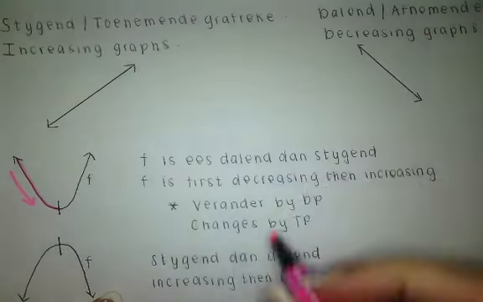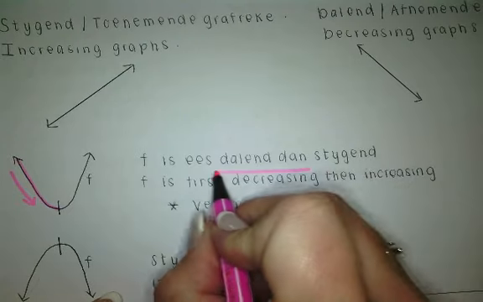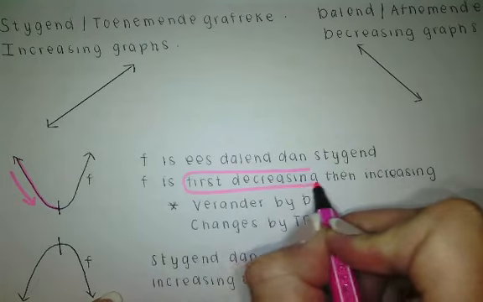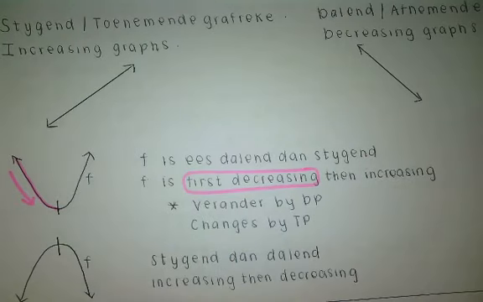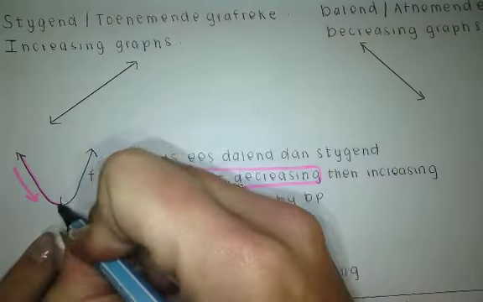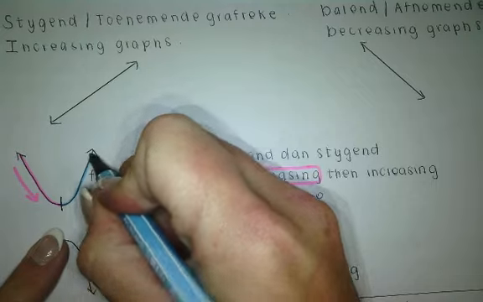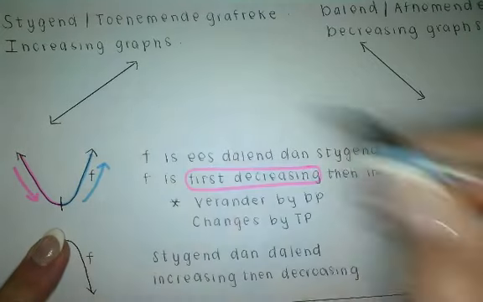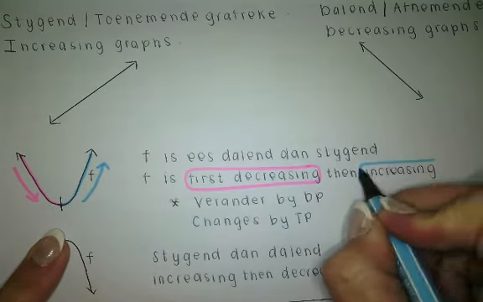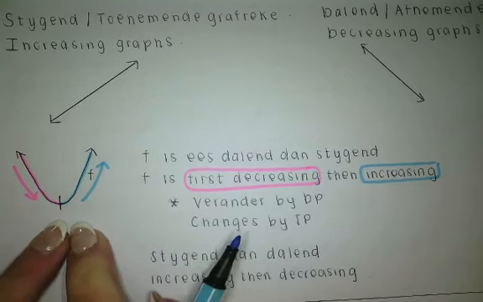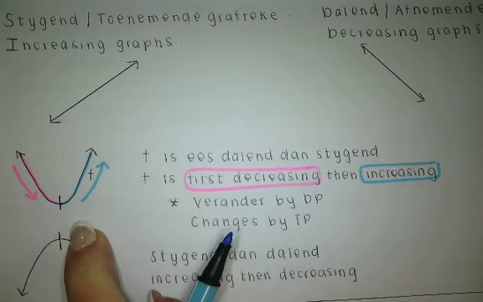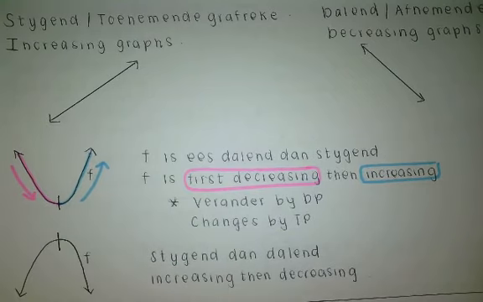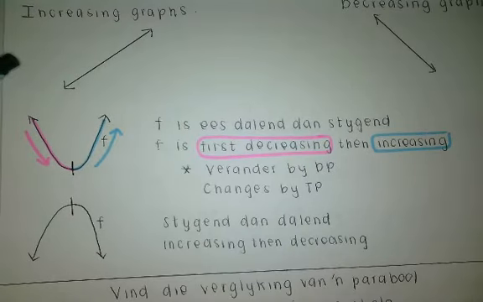We're moving that way, which means we are first decreasing. And then at the turning point it changes. From here to here, what happens? It increases. Can you see? Different to a linear. A linear can either only be increasing or decreasing.